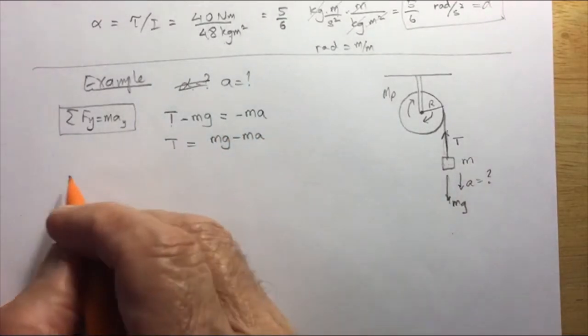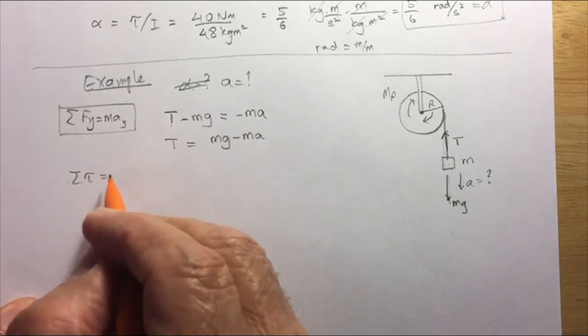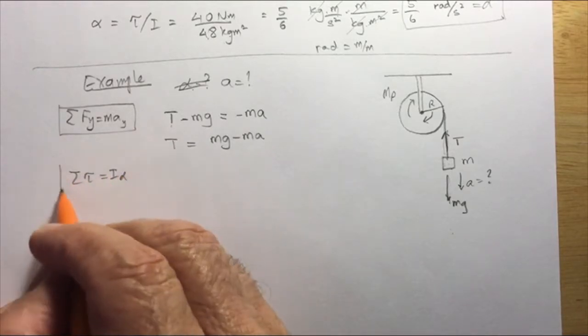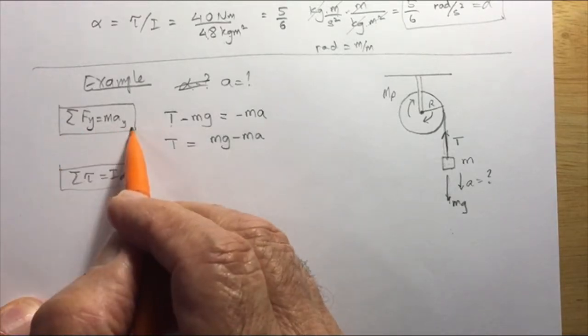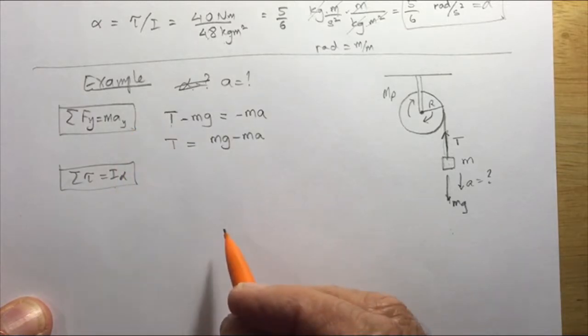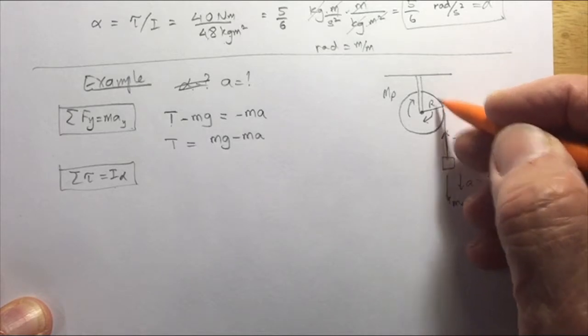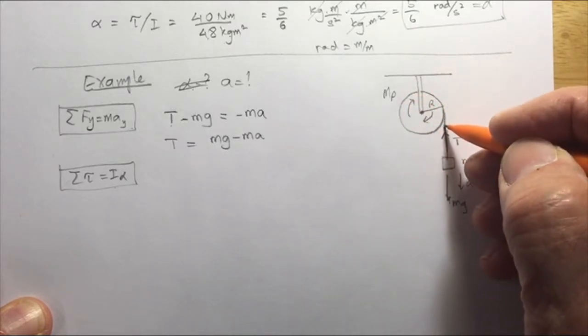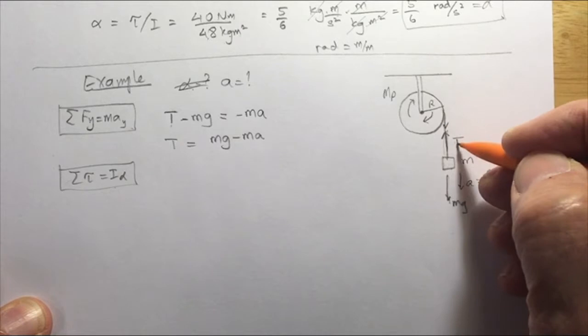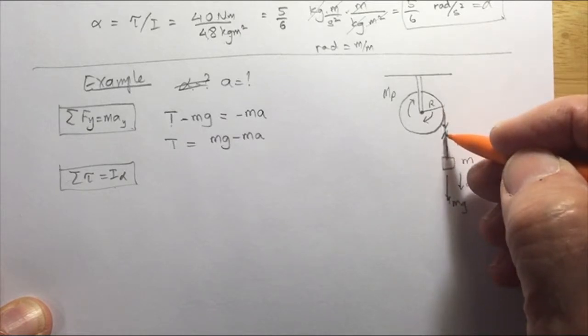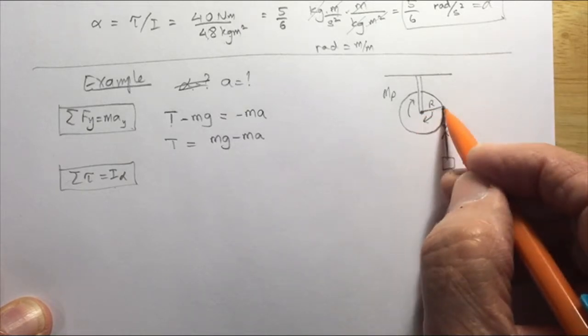Now we look at the sum of torques equals I alpha. So that was the linear equation, that's the rotational equation. Now the torque, in this case, will be the tension, which is going to pull downwards, the same value, and it acts over this distance.